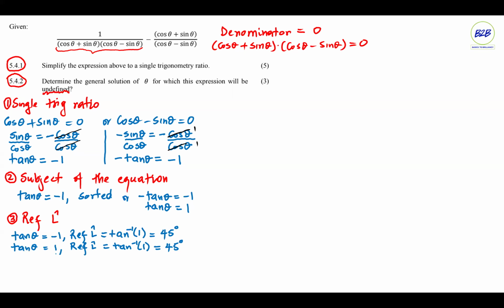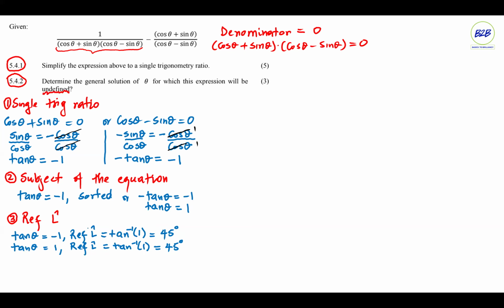So then the reference angles for these two equations are the same. I knew that already, but I had to do the steps nonetheless so that you can see for yourself that they are equal.